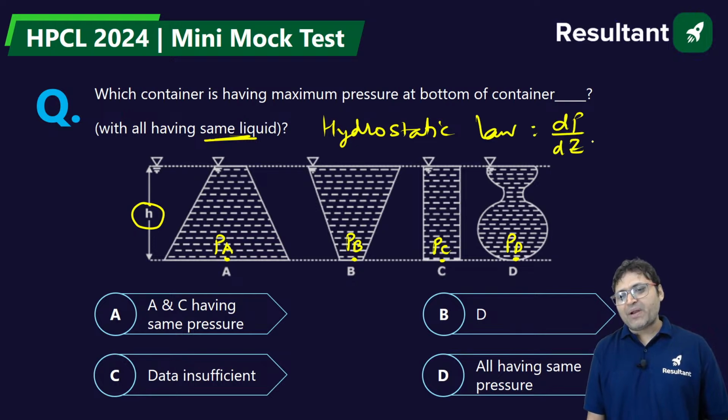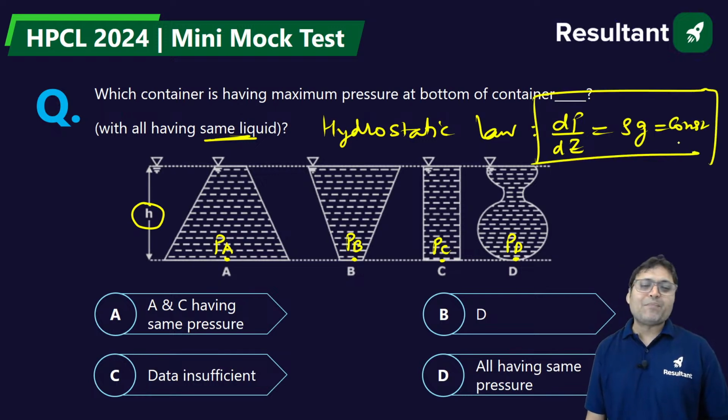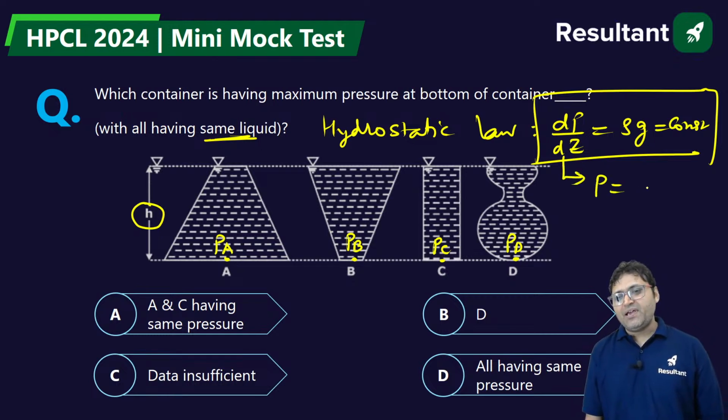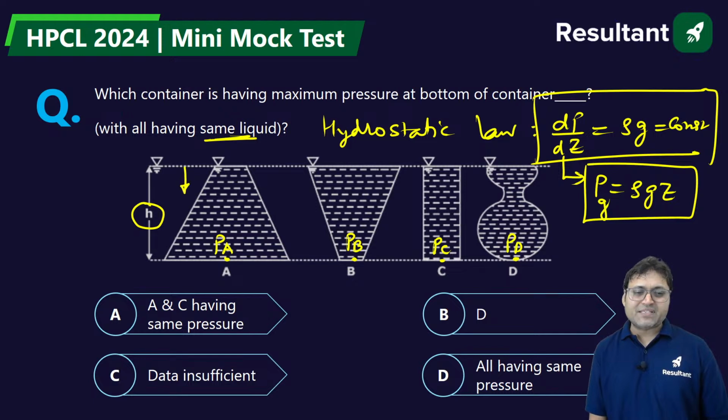The variation of pressure in a static incompressible single fluid in the vertical direction is given by this expression. dP by dz is constant. So P is equal to rho into g into z, gauge pressure. z is the depth from the free surface.